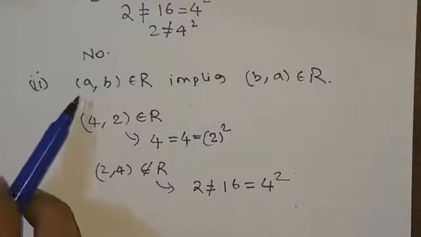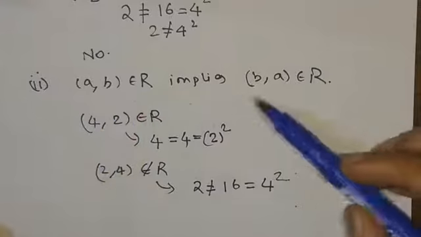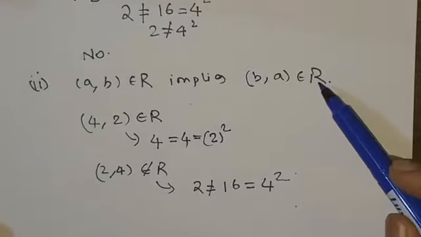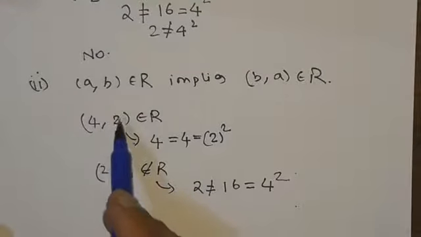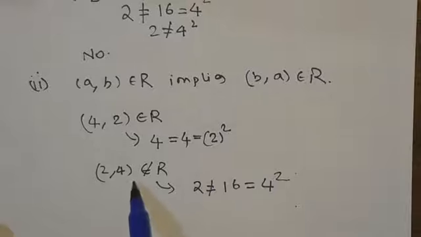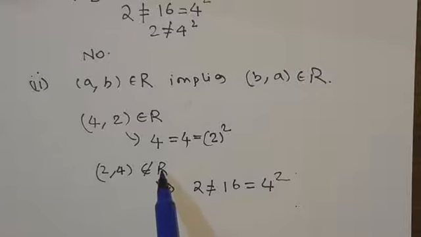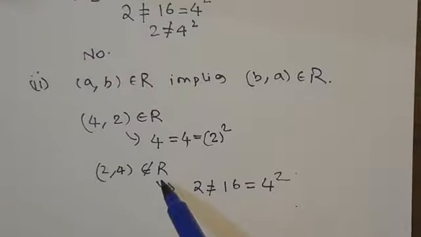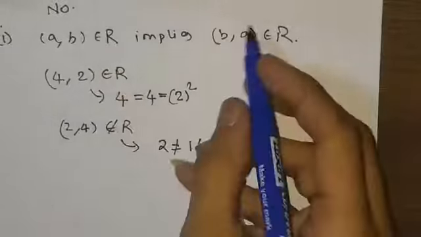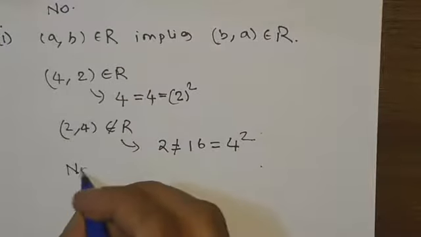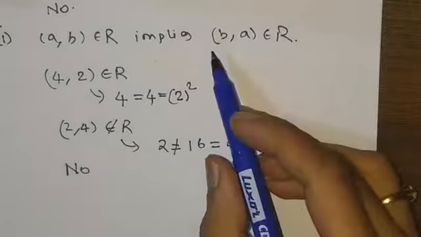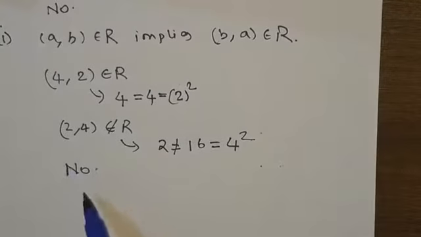But what you should get is A comma B belongs to R implies B comma A also belongs to R. When you reverse the numbers, the ordered pair should belong to the set R, but here we have shown that it doesn't belong, right? So this statement is not true. So is this statement true? No.